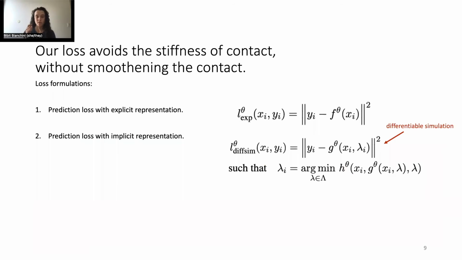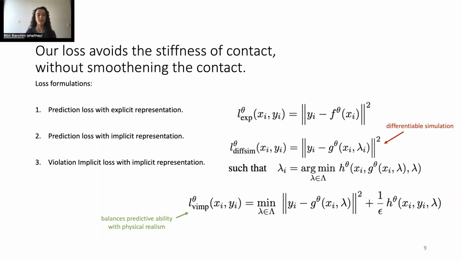Going back to the loss formulations, our violation implicit loss instead looks like this, where lambda no longer strictly minimizes h, but lambda is chosen to minimize the sum of both the prediction term and the physical realism violation of the learned function h.